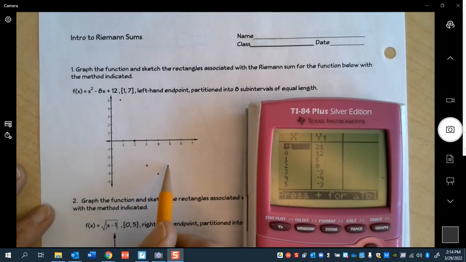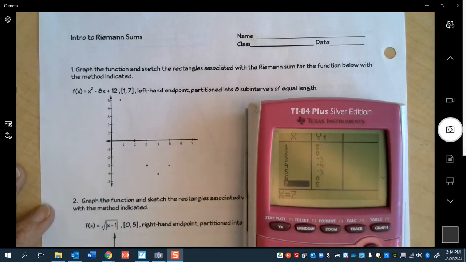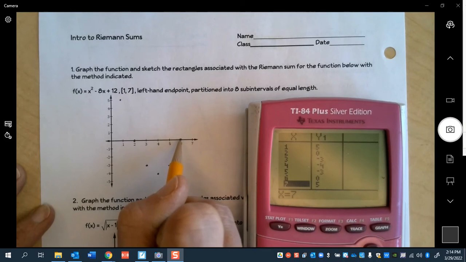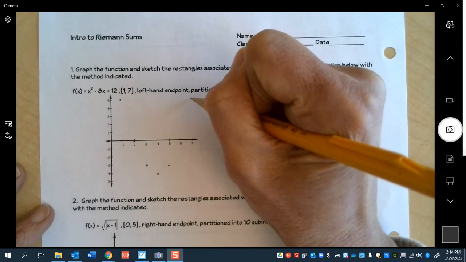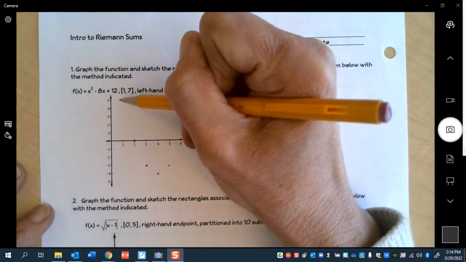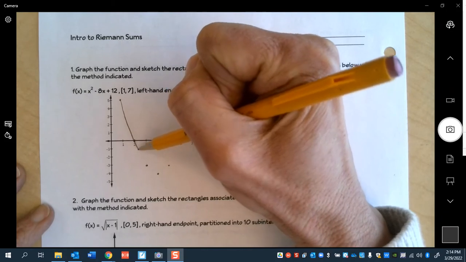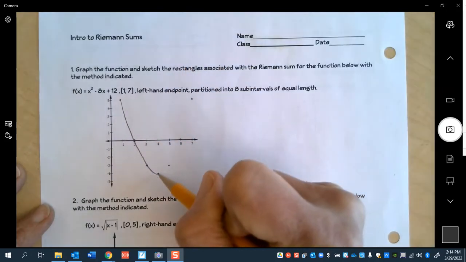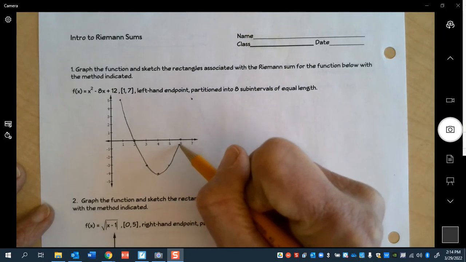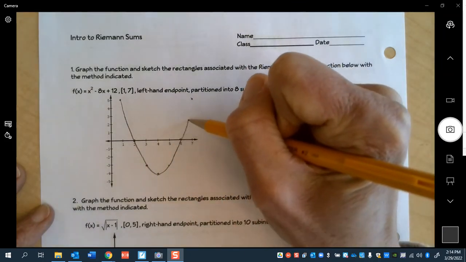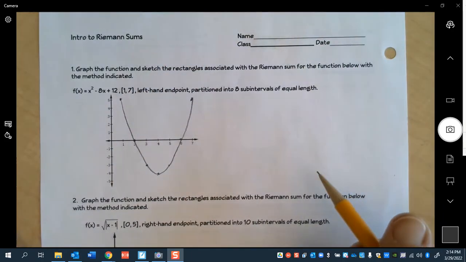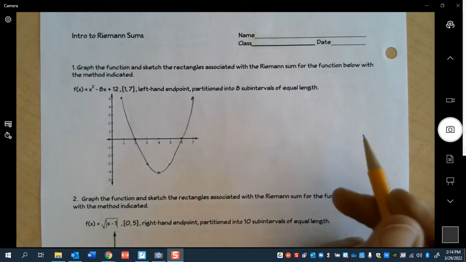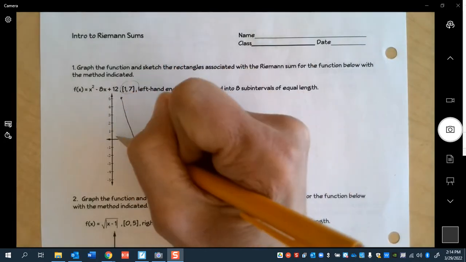An input of 5 gives me an output of -3. 6, 0, and 7, 5. And then go ahead, do your best to graph your quadratic as a lovely symmetric curve. And our interval is from 1 to 7.